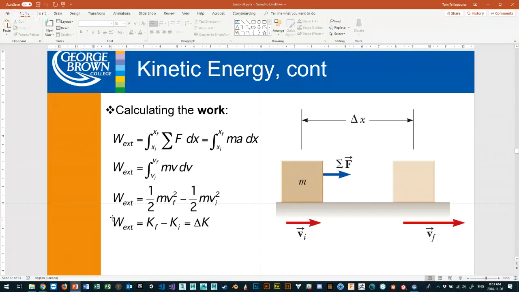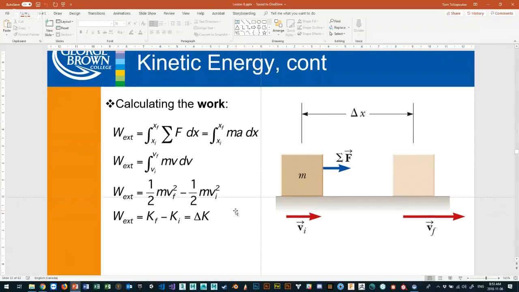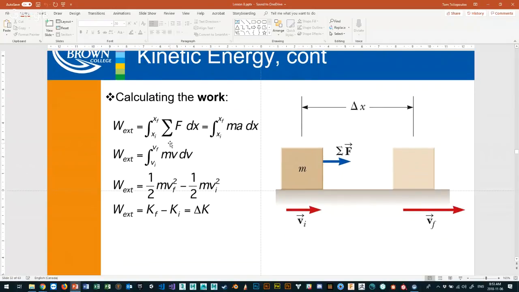So you can make that relation between one and the other. So again, we have this displacement in x. We want the sum of all forces to push this mass from the velocity initial to the velocity final, and that is the total change in x, and that is the kinetic energy that we're relating to the work that's being done.